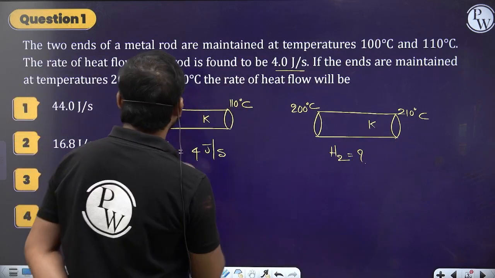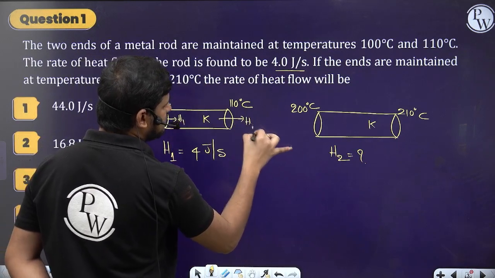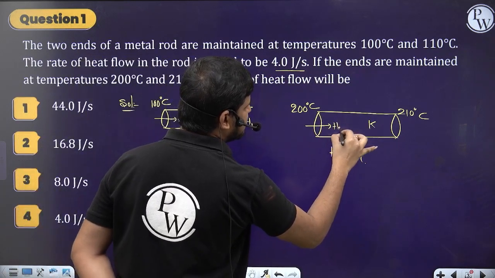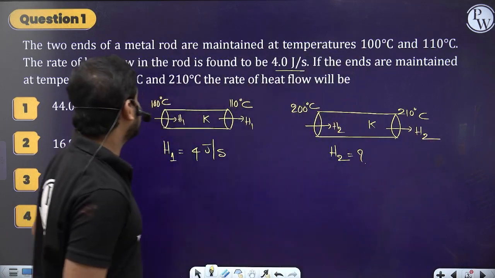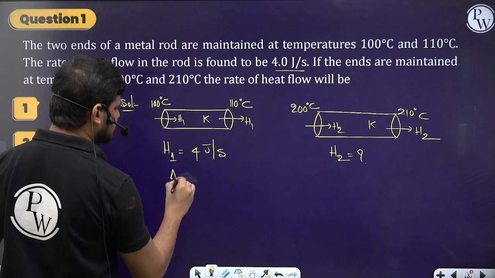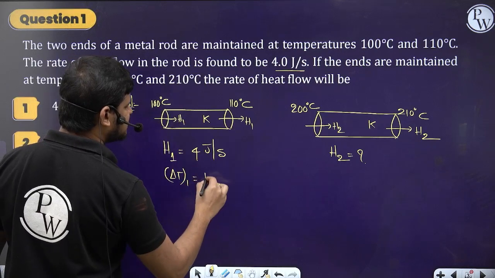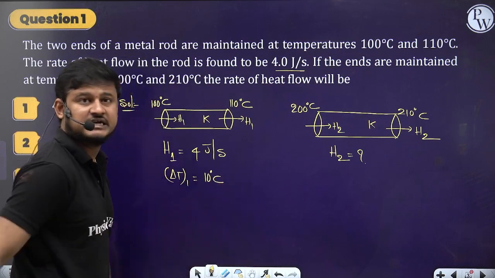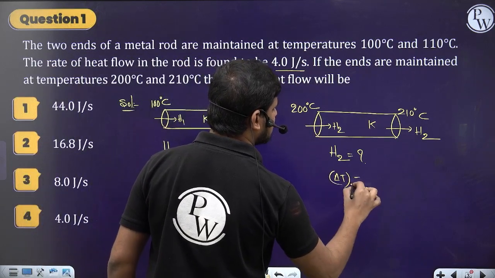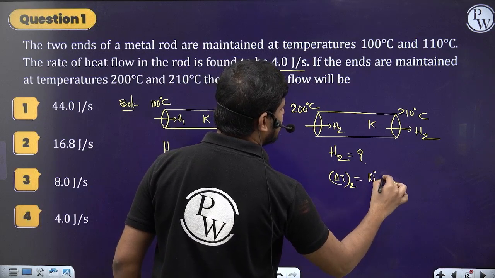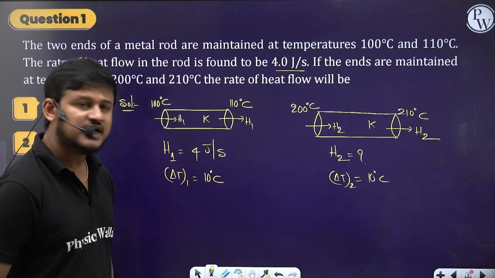And here let it be the heat H1, and here let it be the heat H2. Now the temperature difference in the first case, delta T1, equals 100 and 110, which is nothing but 10 degrees centigrade. In the second case also delta T is 10 degrees centigrade again. So 200 and 210, the temperature difference between the ends is 10 degrees centigrade.